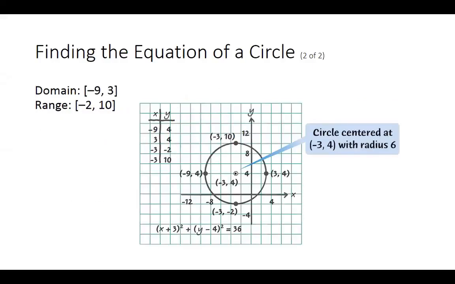Locate the center (-3, 4), and from the center you're going to move up, down, right, left 6 units because the radius is 6, and you can see all these points. From there we can look at the domain. The domain is from -9 to 3. Domain would be the values of x, and the range would be from -2 to 10.